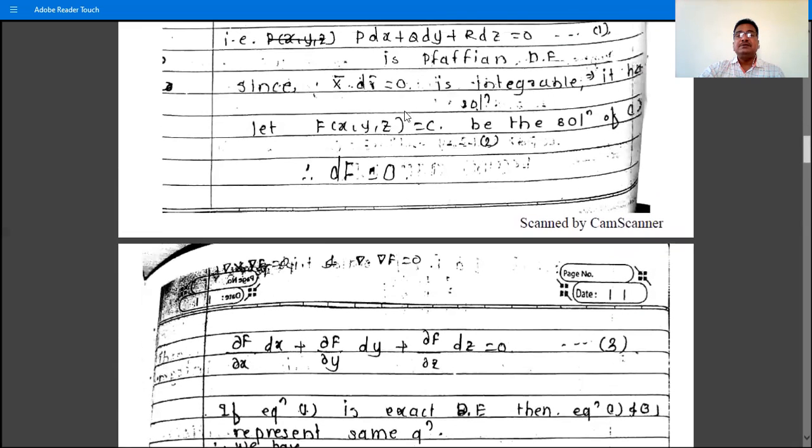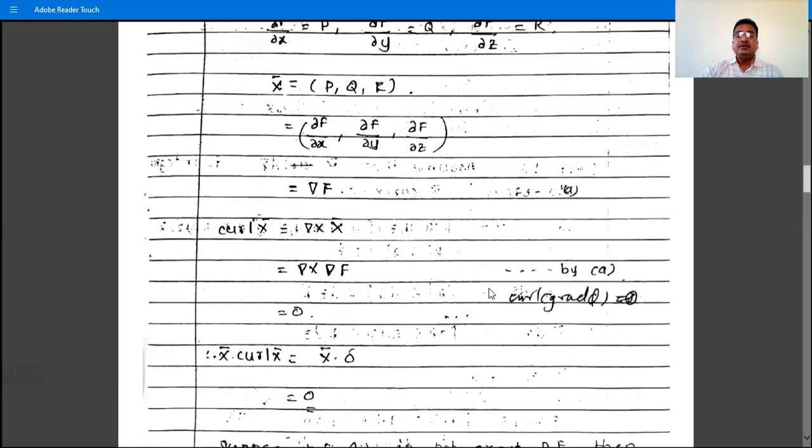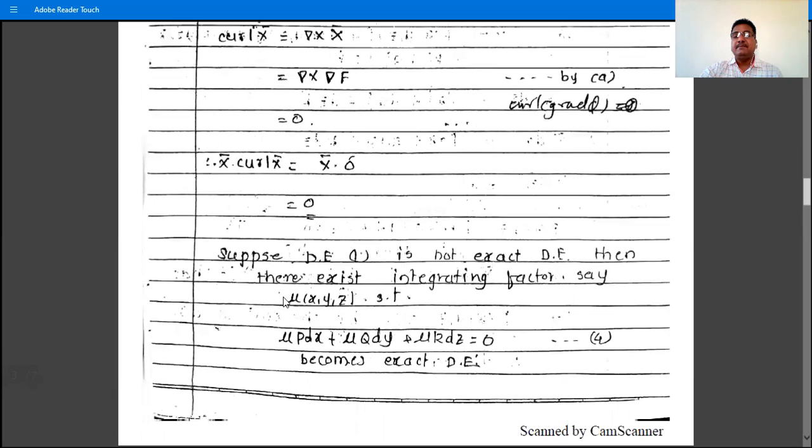So suppose the X bar dot dr bar, the given equation 1, is exact. Suppose equation 1 is not exact, then there exists an integrating factor, because equation 1 is integrable. It is either directly exact or reducible to exact.